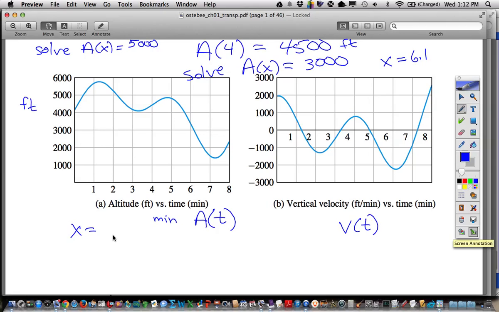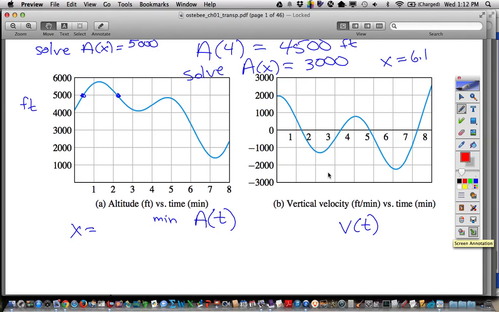What would you say? 0.5 and 2.1, 2.2. You'd have a couple of solutions, right? The output was 5,000. So here I'm asking what the output is. Here I was saying the input is 4. What is the output? So be able to read off of a graph, okay?